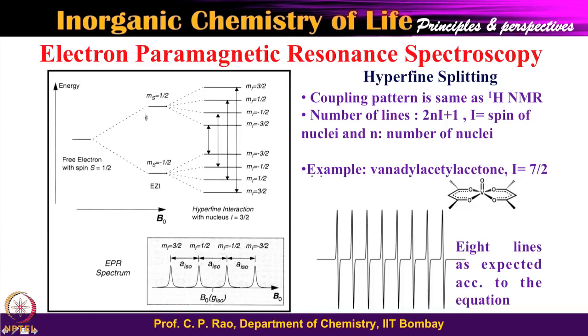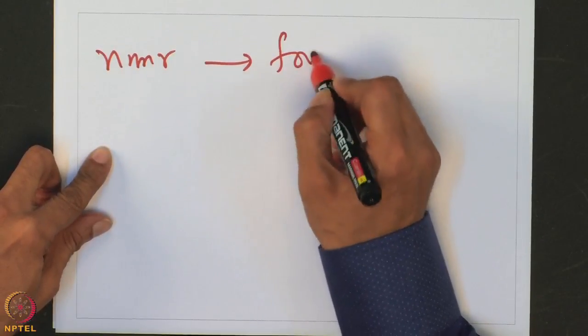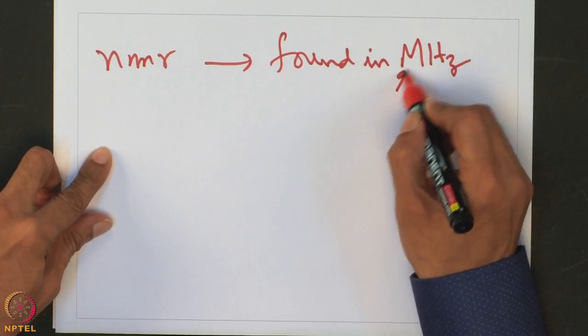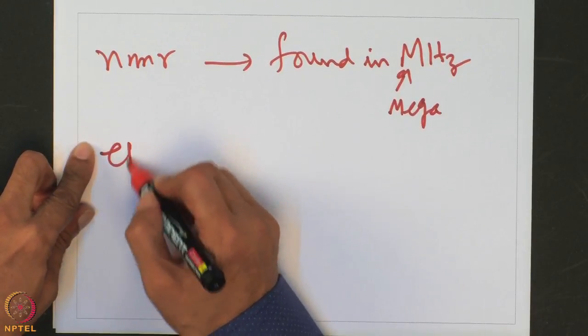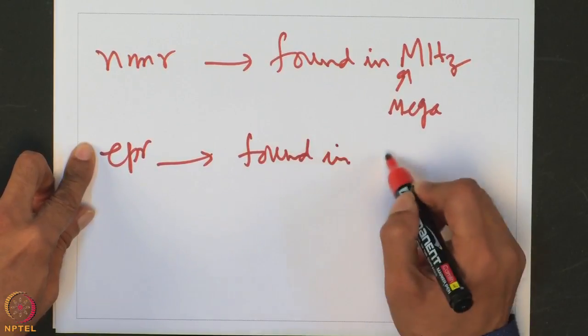So, these transitions are found not in the megahertz region, but in the gigahertz region. In the NMR spectra they are found in megahertz, and in EPR these are found in gigahertz.